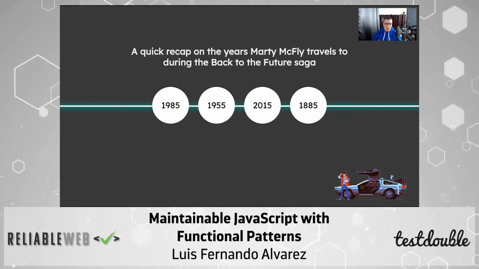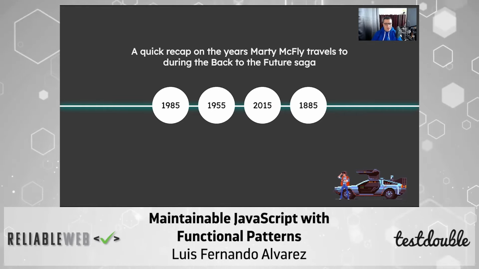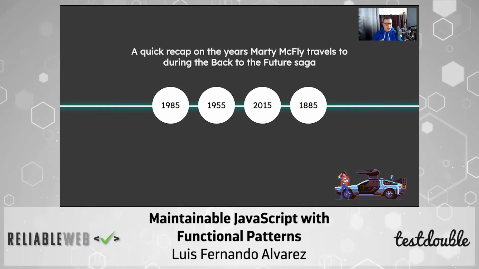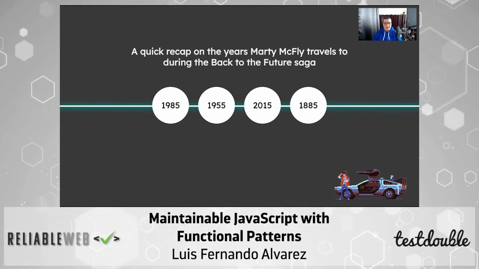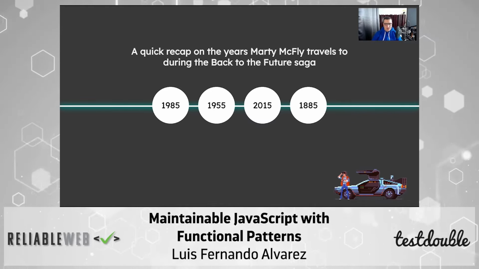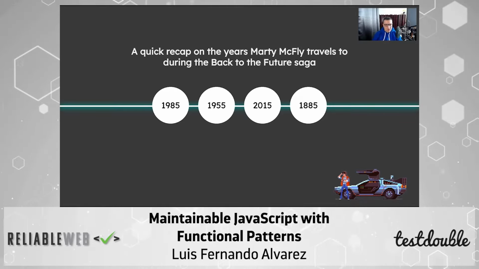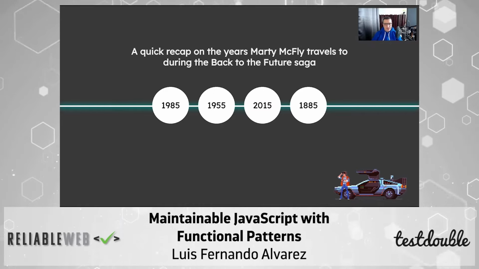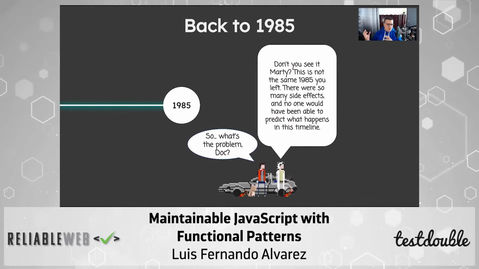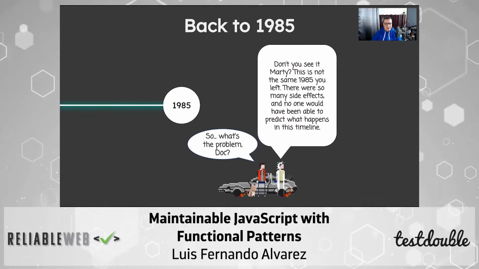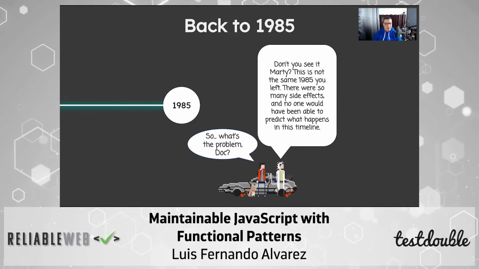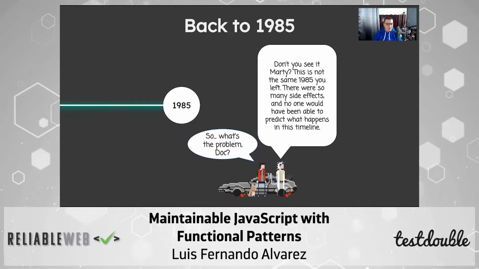And this is what we don't want in programming, right? We just want predictable software that doesn't change with some external state. When we change some external state, our function resolution shouldn't change. And we're going to go back to 1985, and here's the problem, right? That is not the same 1985 that Marty left.